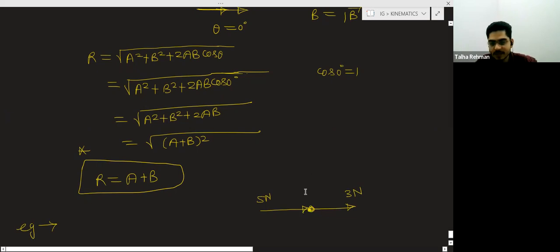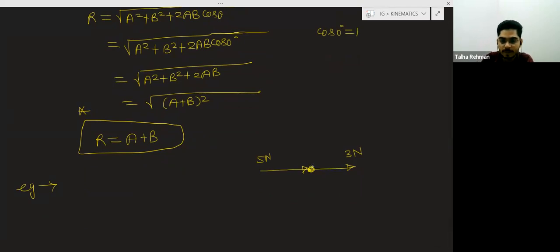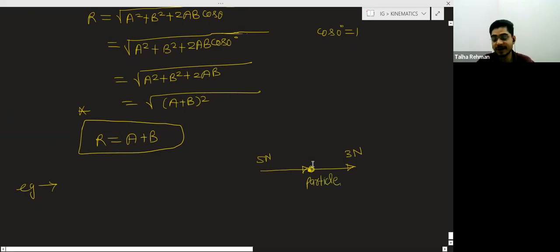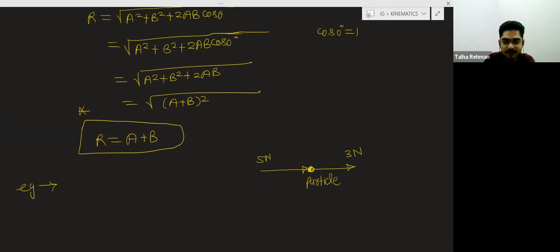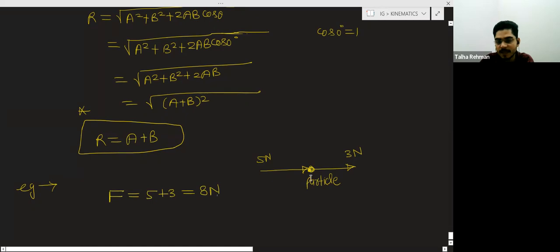If I am asking what is the resultant force on this body or particle, suppose this is any particle, what will be the resultant force? Here are two vectors acting in the same direction. Suppose the resultant force is F. How will you calculate? One vector plus another vector, so 8 Newton force will be there on the particle.